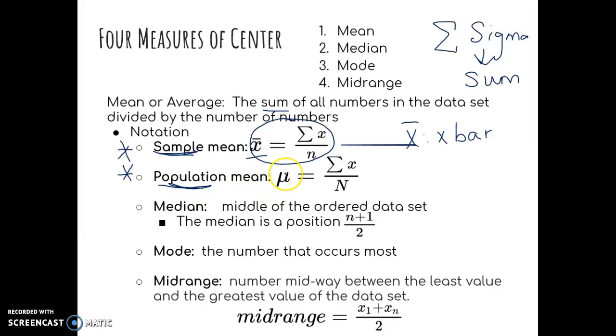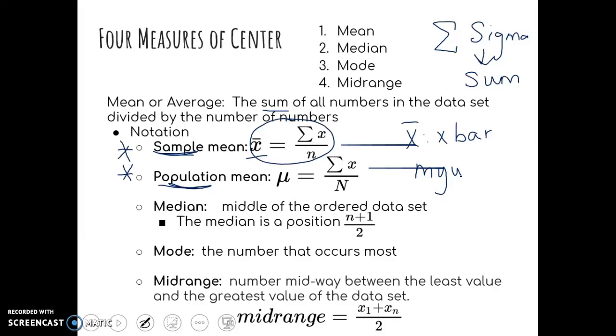And this symbol right here is mu. It's pronounced mu, and it is the symbol for finding the mean of a population.